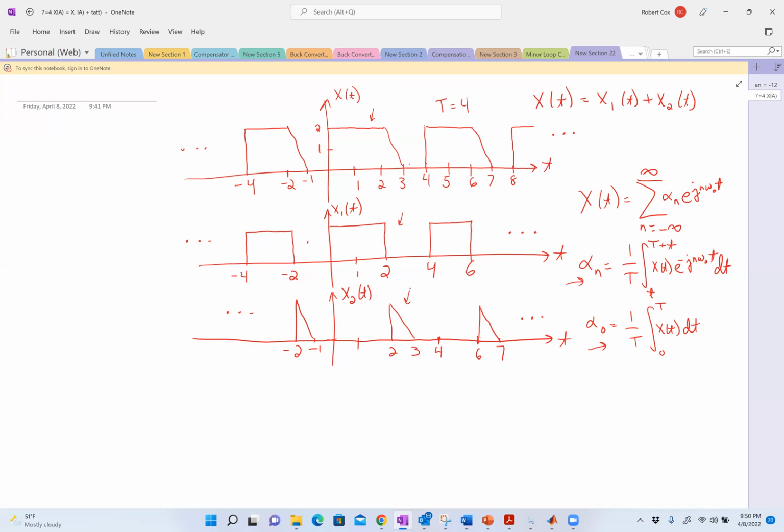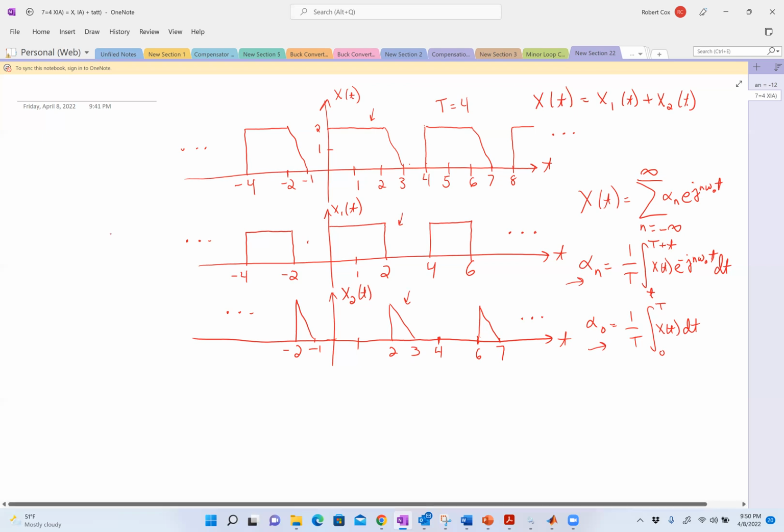So what I can do is figure out what the alpha n1 coefficients are for this waveform, and what the alpha n2 coefficients are for this waveform, and we can add them together to get the coefficients for this one.